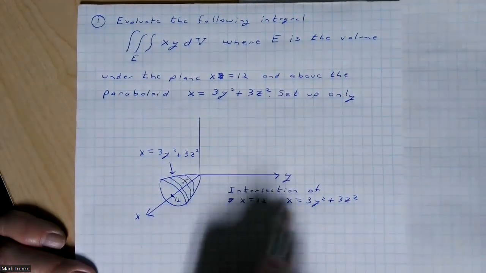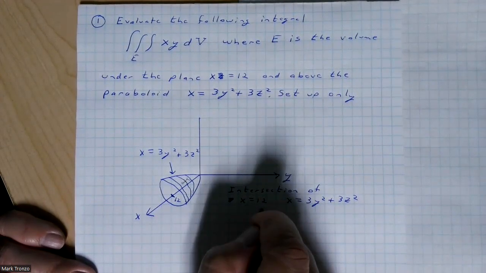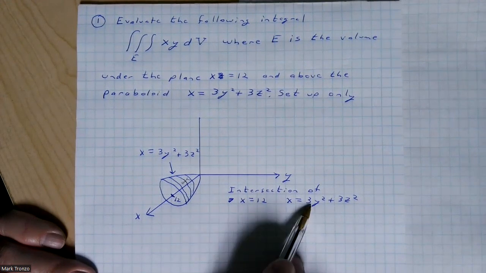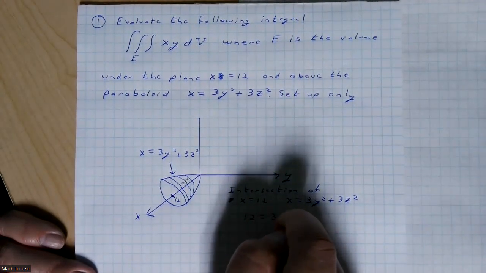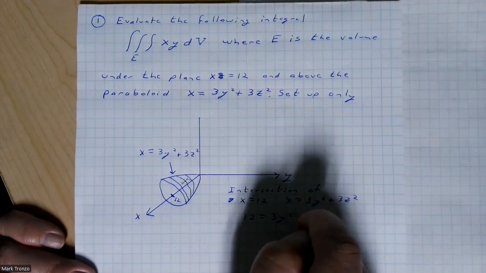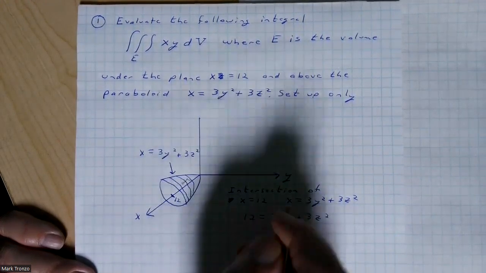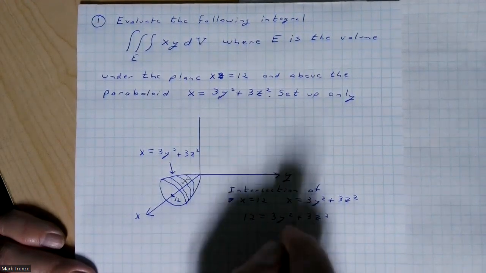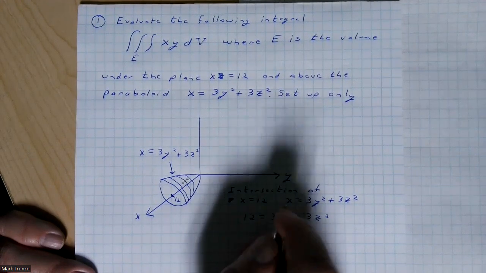Since this is equal to x and this is equal to x, we can set those equal to each other. And then divide by 3. If we divide by 3, we'll get 4 equals y squared plus z squared.